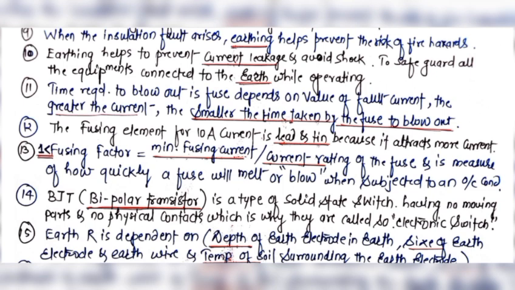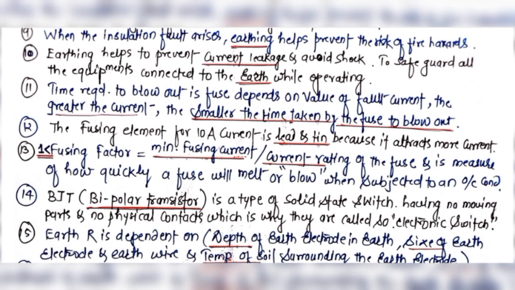The time required for a fuse to blow out depends on the value of fault current. The greater the fault current, the smaller the time taken by the fuse to blow out. The fusing element for a 10 ampere current is lead and tin because it attracts more current.